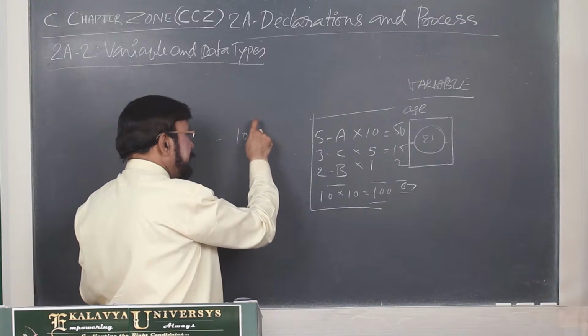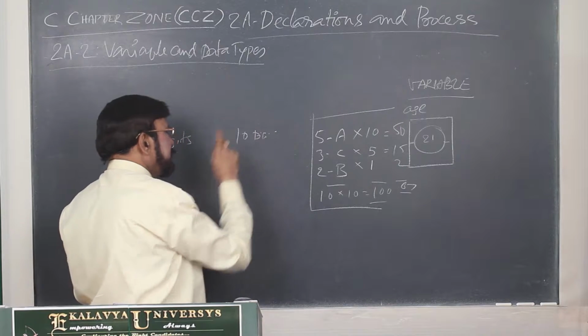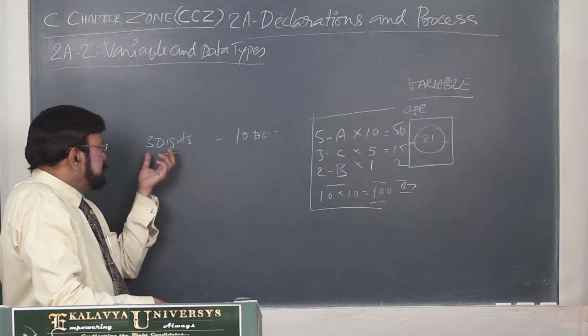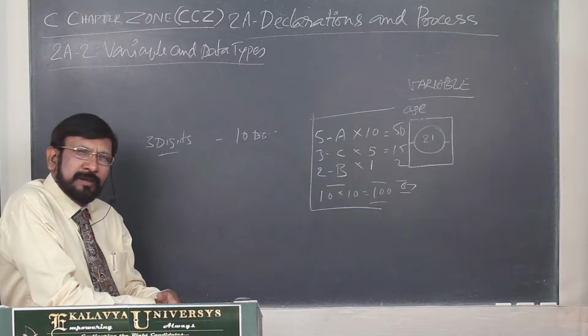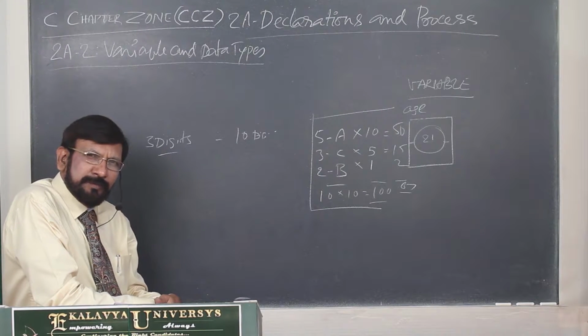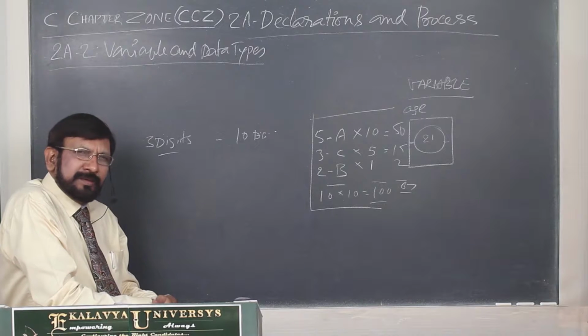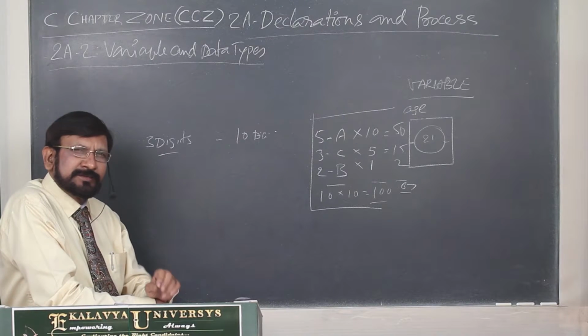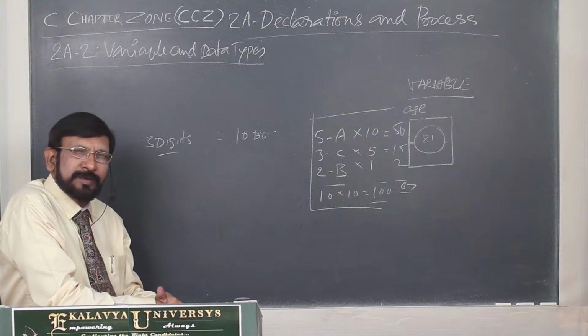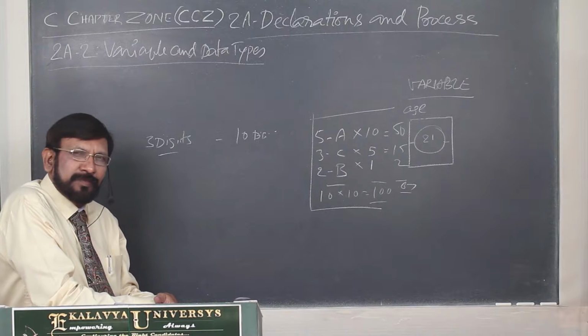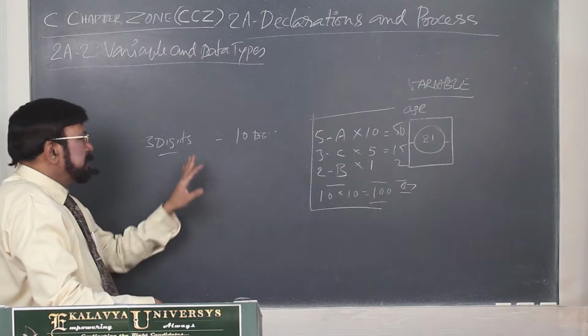These are 10 digits. Age is a whole number, and your cell number is also a whole number, an integer value. Is it a prudent practice to allocate the same amount of space for both? Definitely no. That is the prudency.